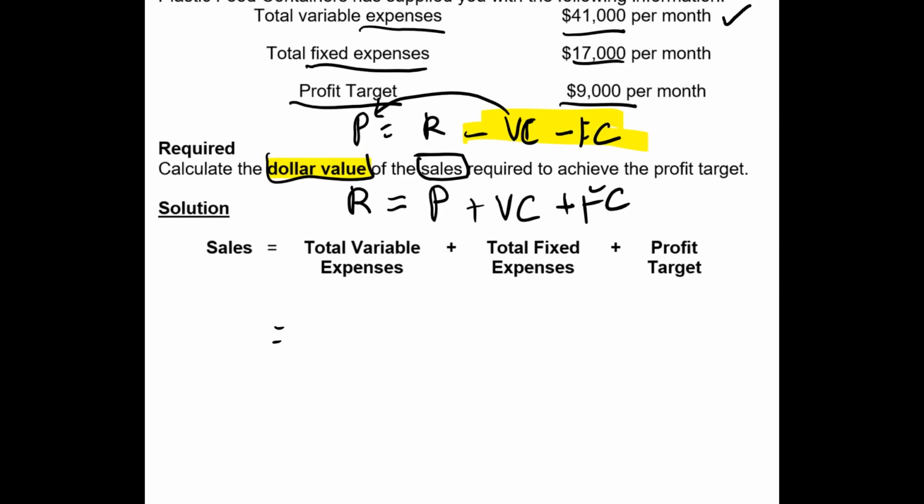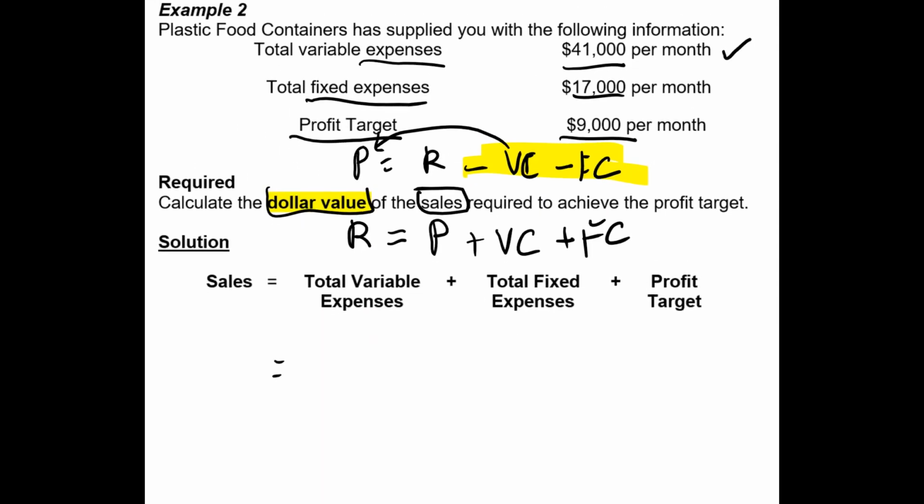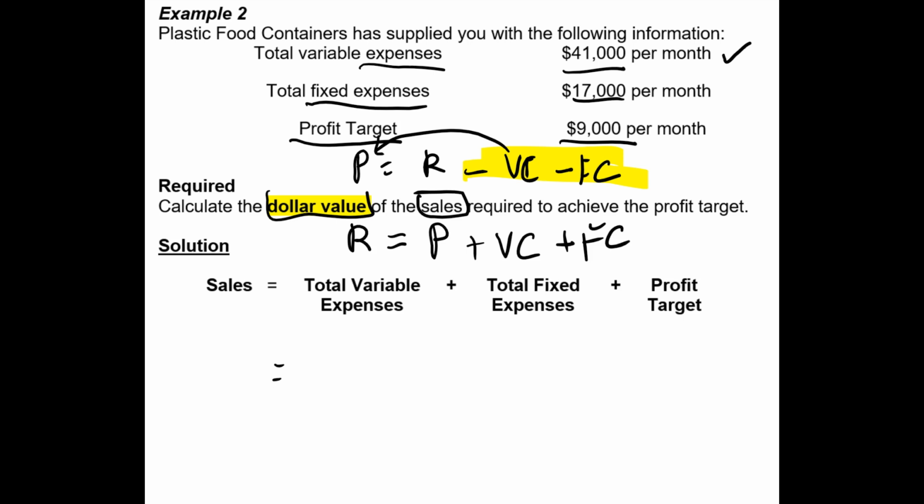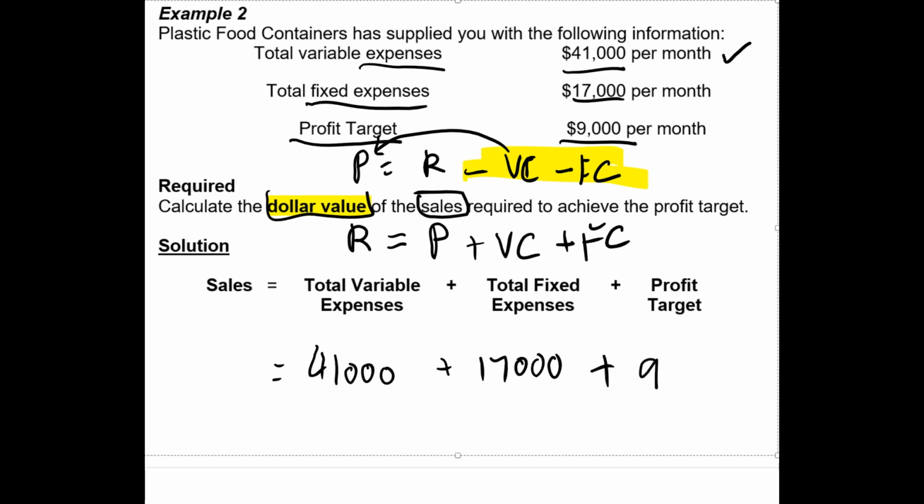So sales equals variable expense plus fixed expense plus target profit. Your variable expense is 41,000, fixed expense is 17,000, and your target profit will be 9,000. So total sales that you need to achieve is 41 plus 17 plus 9, which is equal to 67,000.